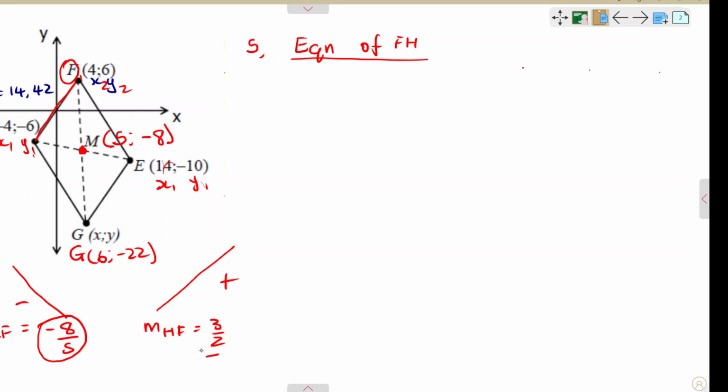It's a positive gradient, the one that we calculated previously. So we're going to use a formula here for the equation of a line. The formula says y minus y1 is equal to m bracket x minus x1.